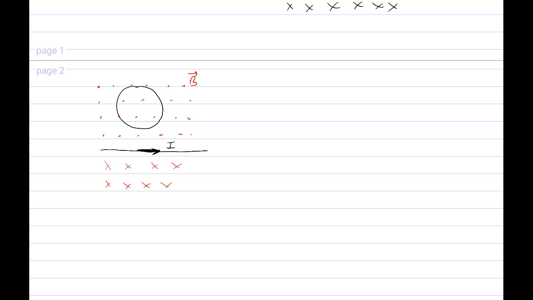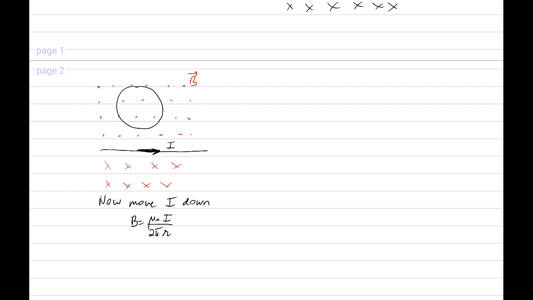So now let's say that we are moving the current down, so away from the loop of wire. So now move I down. Since the magnetic field is mu naught I divided by 2 pi r, the further away we are from our area of interest, from our loop, the weaker the magnetic field will become.